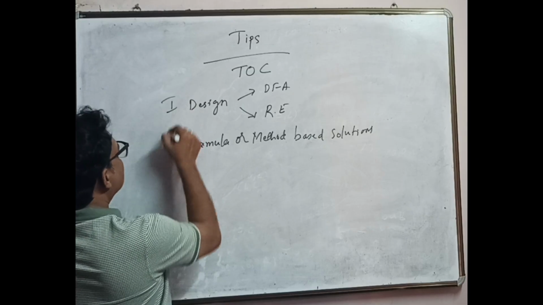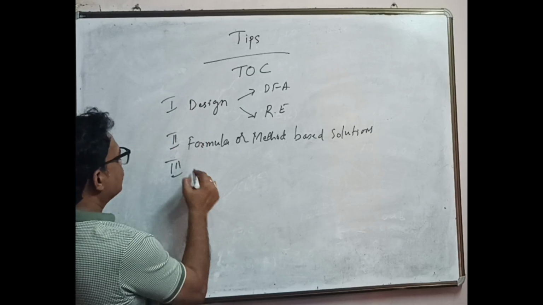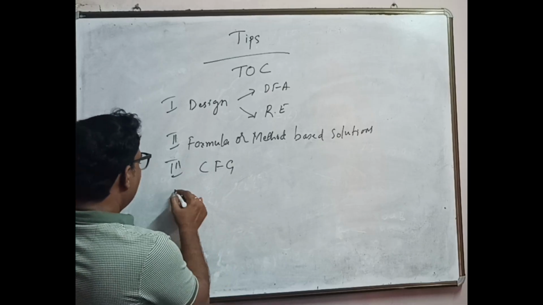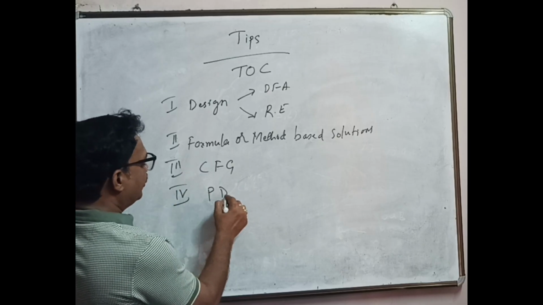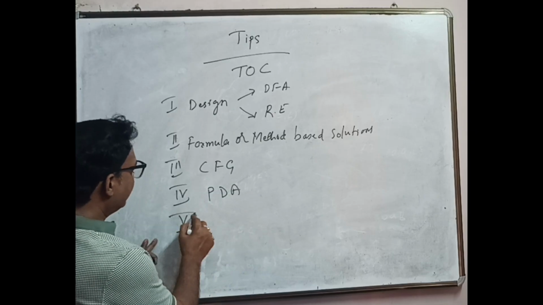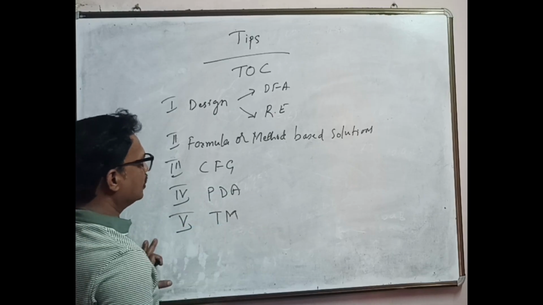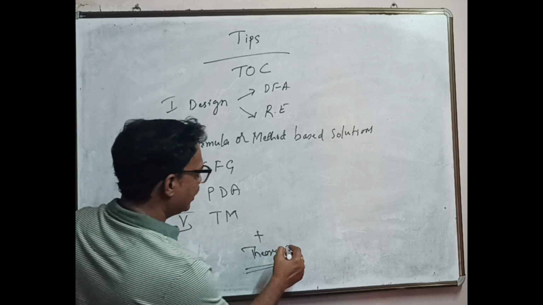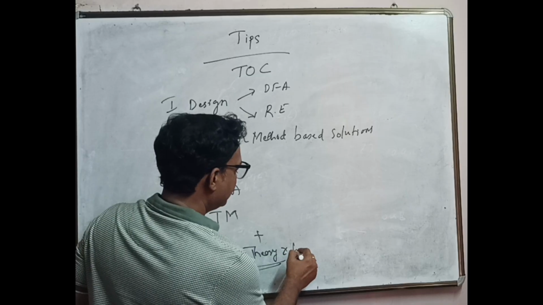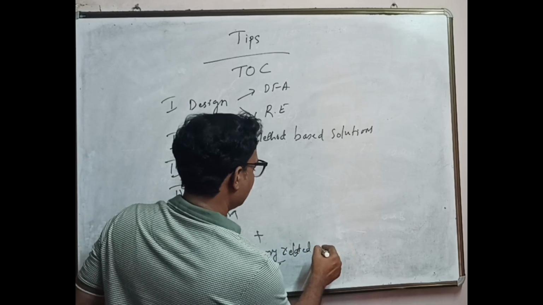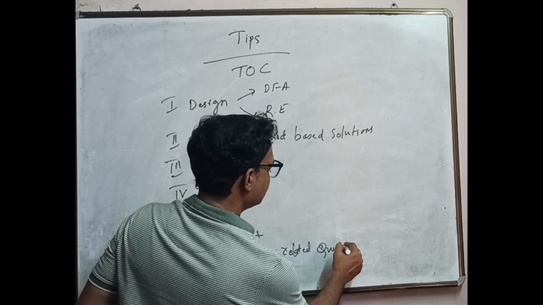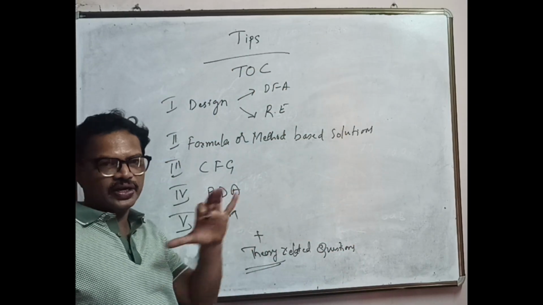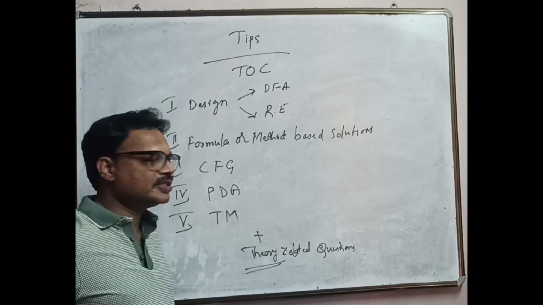The first part, the second part. Then comes so-called context-free grammar. Okay. After that we have PDA concept, and finally we have Turing machine concept, and plus few theory related questions. So this is our overall question paper pattern usually, as we can see from the past history.